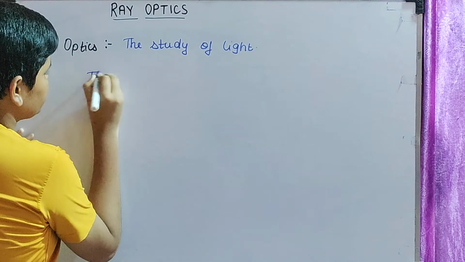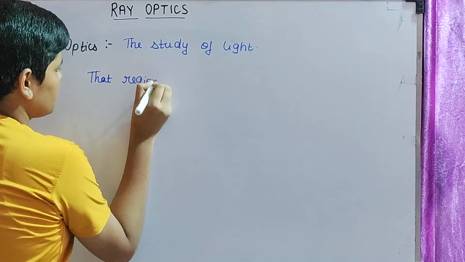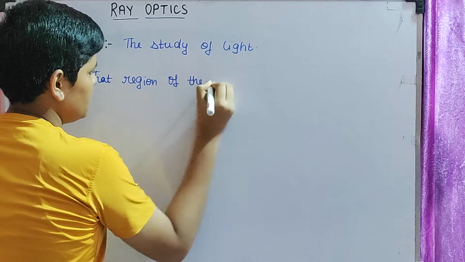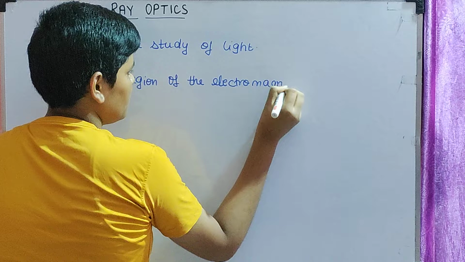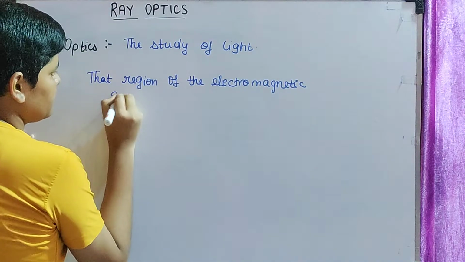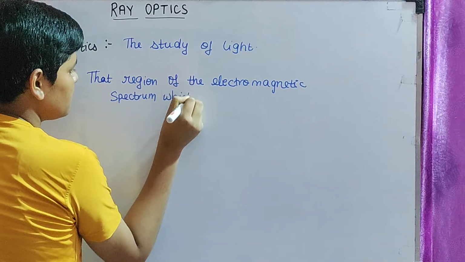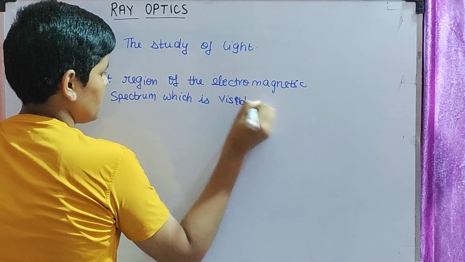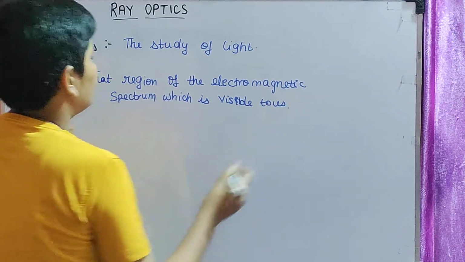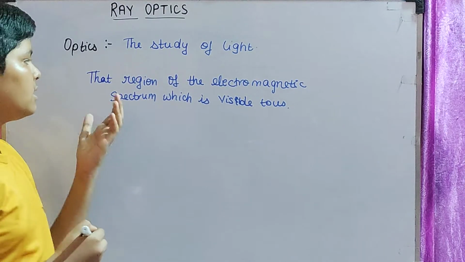So the region of the electromagnetic spectrum which is visible to our eyes, visible to us, is called light.